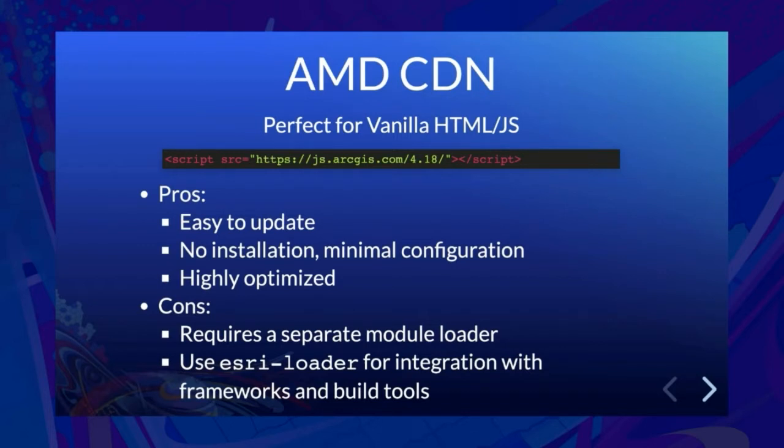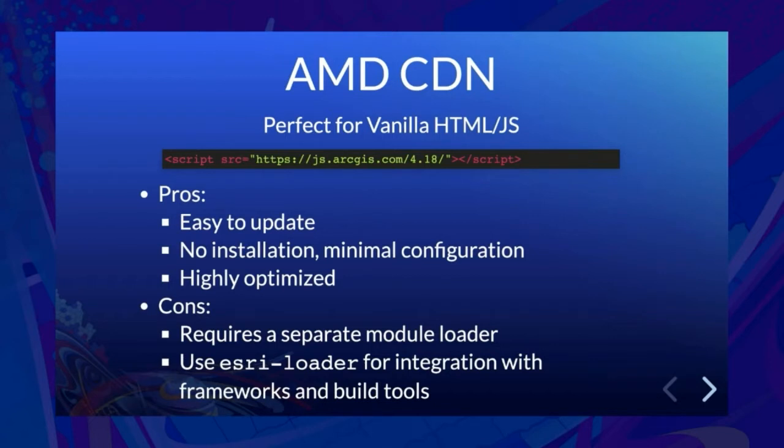It's minimal to no configuration depending on how you're building your application. And this CDN is highly optimized. We've had over 4.5 years to iteratively optimize how the modules are constructed, how the CDN is set for edge servers to cache static assets, for example. This is one of the fastest ways to get access to modules if you're building a vanilla HTML JavaScript application.